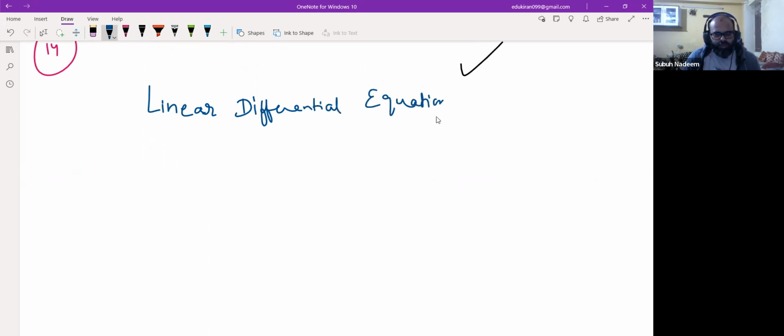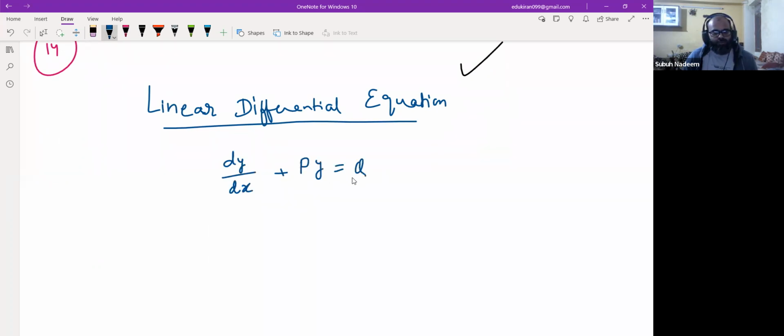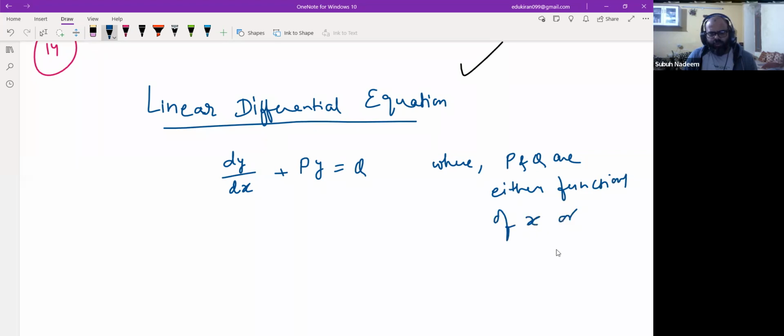So linear differential equation is the last one of solving a differential equation. If a differential equation is of this form, dy by dx plus py is equal to q, where p and q are either constant, or functions of x, but not a function of y. That is what they want to tell.